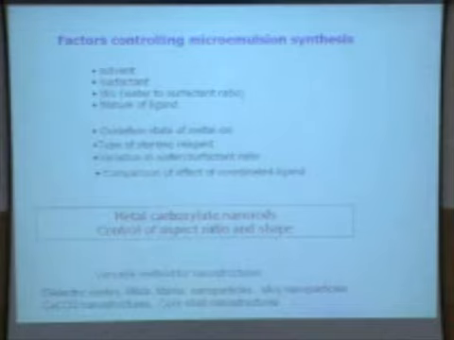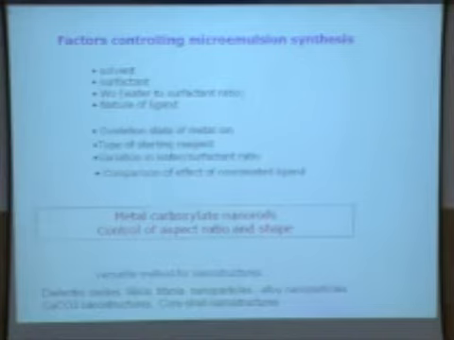I will give you one or a few examples of the factors which affect the synthesis. You can choose the surfactant, solvent, amount of water content, the nature of the ligand. There are many factors which control the size and shape of the particles. One example I will show you is how to control the aspect ratio of rods.